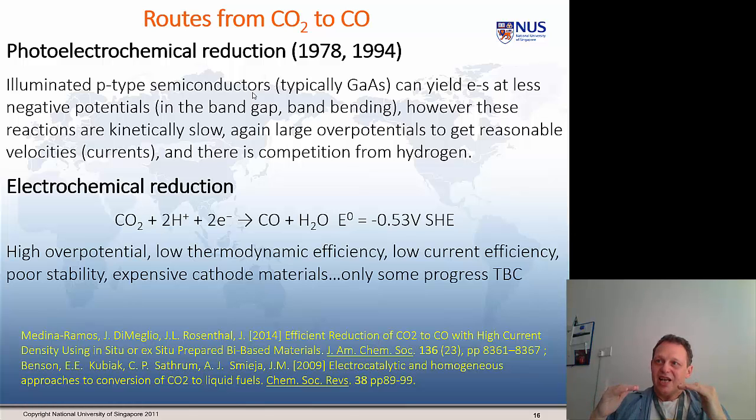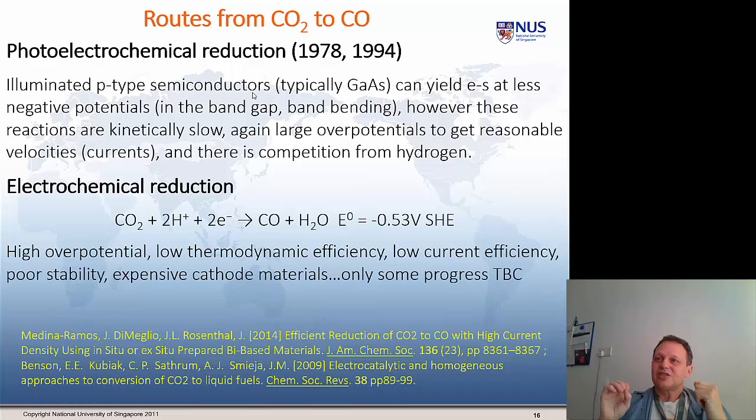Because what actually happens is that you get electrons coming from the band gap, because the conduction band actually bends, and the valence band as well. You get band bending, which can lower the energy of the electron, and these electrons are coming within the band gap anyway. So, in one sense, that seems like a brilliant idea, and it is a good idea.